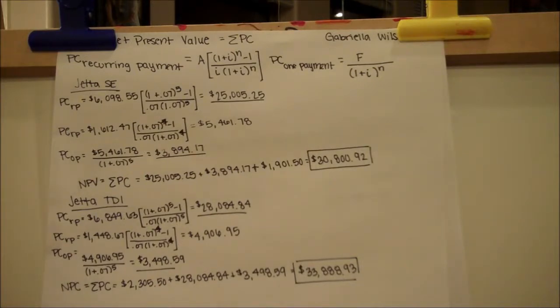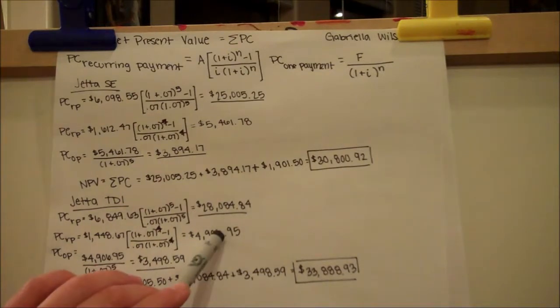Now we will do the same thing for years 6 through 10, and we will bring that value to the 5th year, and then from the 5th year we will bring that to the present value. So the amount of the recurring payment for years 6 through 10 is $1,448.67. We will multiply that by (1 + 0.07)^4 minus 1 divided by 0.07 multiplied by (1 + 0.07)^4, and that number equals $4,906.95.